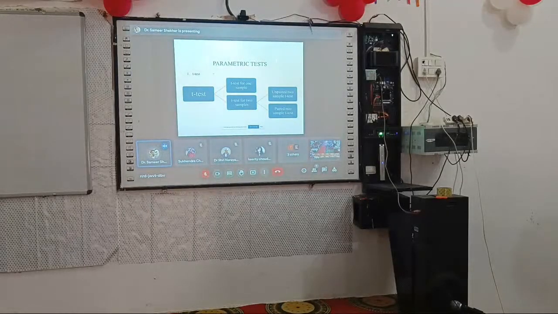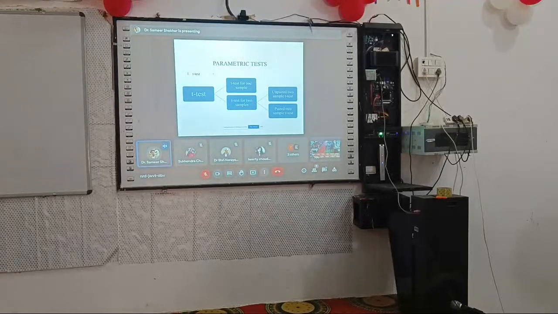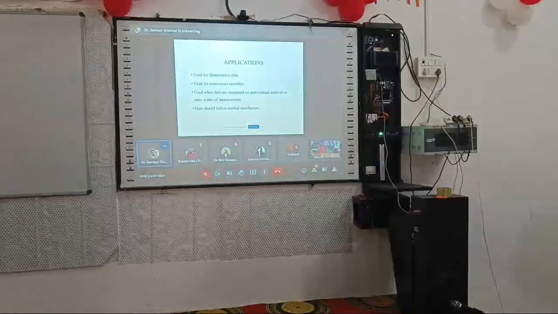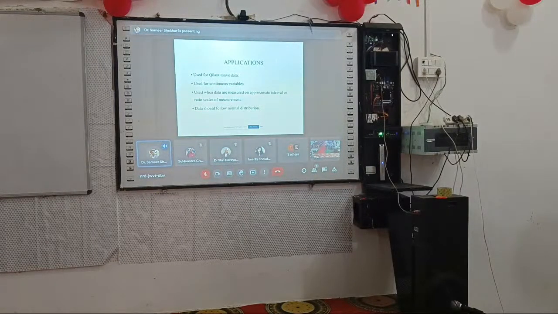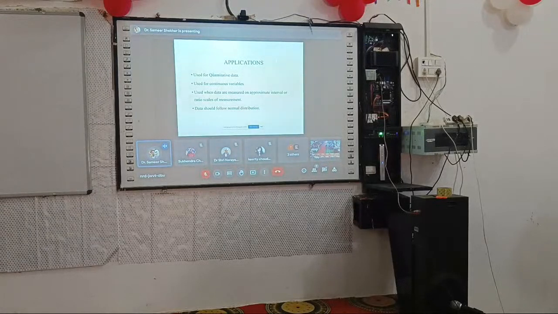Now, when we talk about parametric tests, there is the t-test for one sample. When one sample has been drawn from a population, and we want to reach an inference from it, given that all the assumptions match the data, that it is a continuous variable, quantitative in nature, not qualitative data, right?